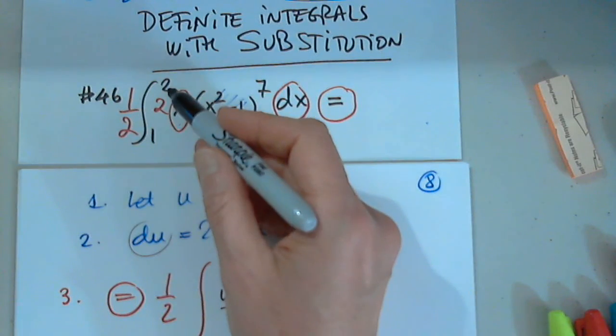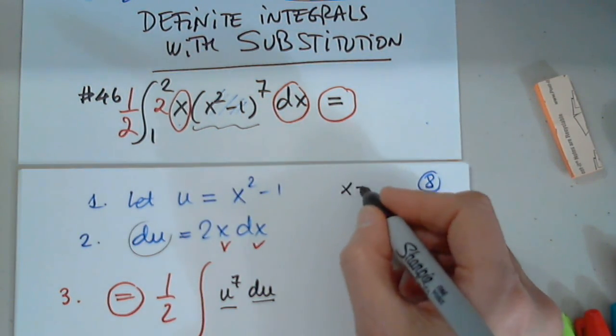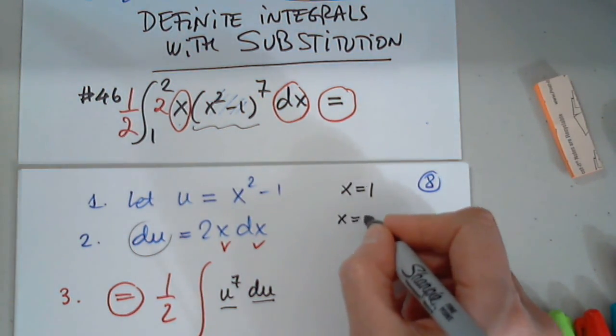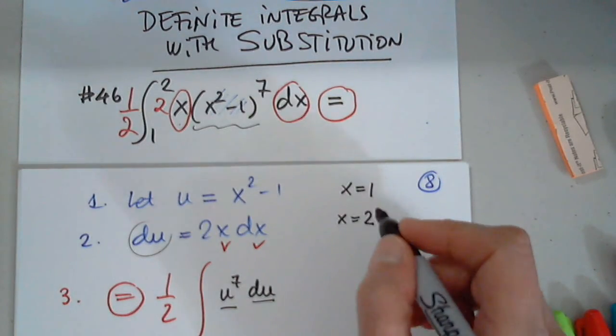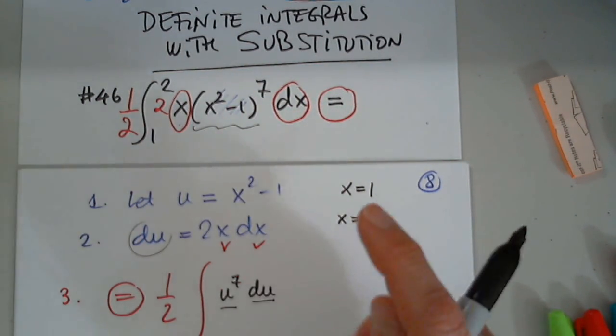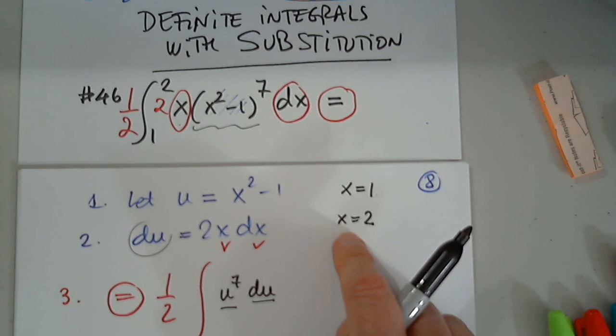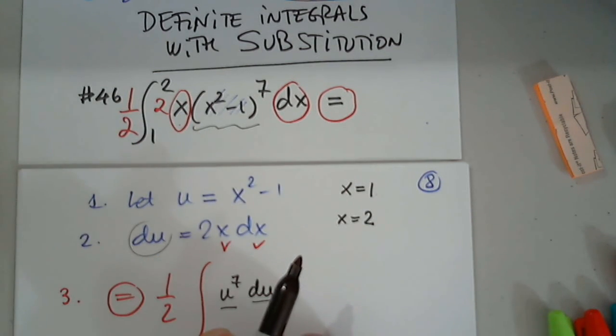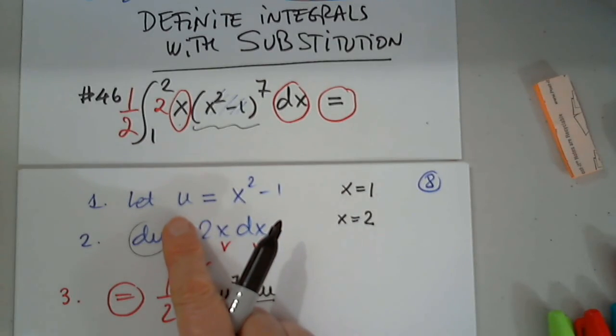However, there is one difference now. The interval is from 1 to 2, when x is 1 and when x is 2. Because the integral is now in terms of u, I can no longer copy 1 and 2, because these are the limits for x. Now I have to create new limits of integration for u.